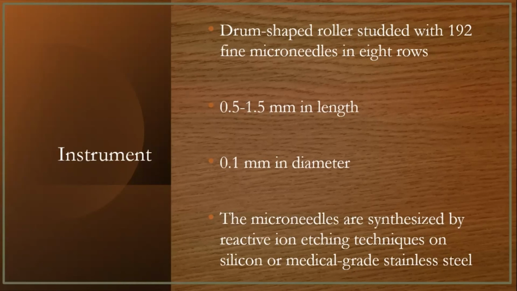However, generally for acne scars, I use a 1.5 to maximum 2.5 millimeter roller, that is the length of the needle. The diameter of the needle is 0.1 millimeter. Microneedles are basically made of very good stainless steel, using stainless steel and silicone or medical grade steel. So that's why it's very safe to try on our skin. Next, please.